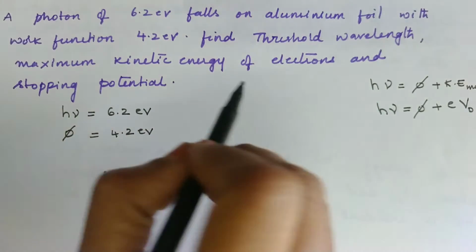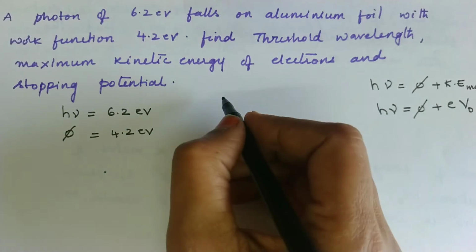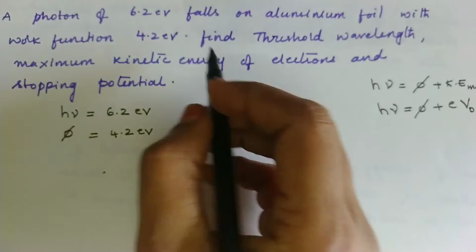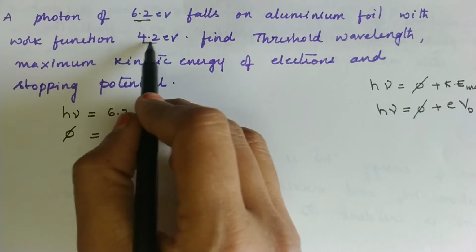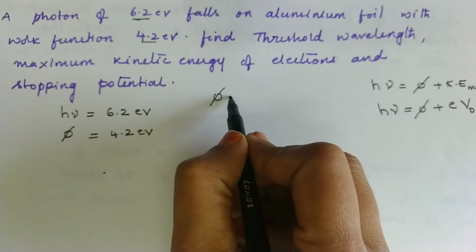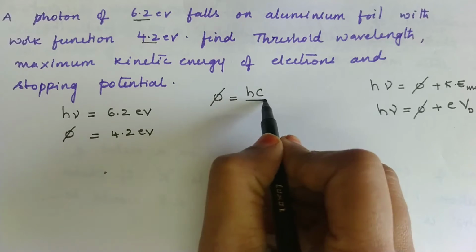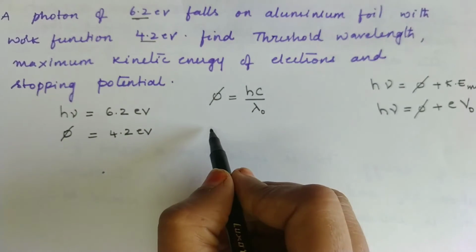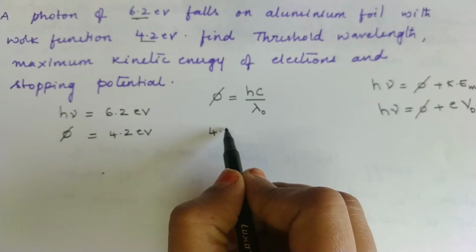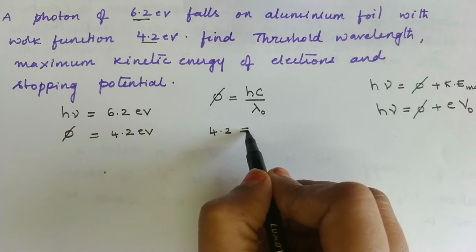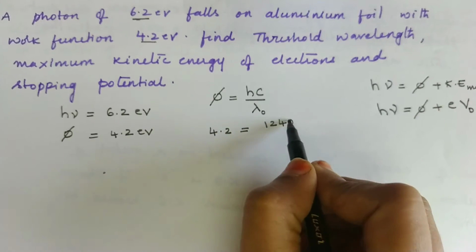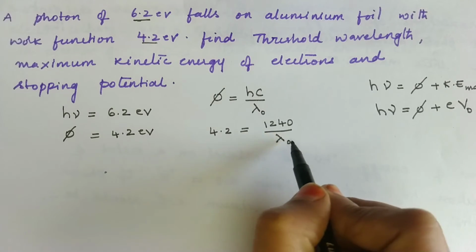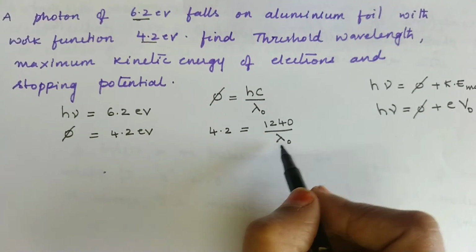They're asking you to find the threshold wavelength. How do we get the threshold wavelength? We know the work function phi is equal to hc by lambda naught, where lambda naught is the threshold wavelength. Even now, I'll make use of the same relation. 4.2 is equal to 1240 by lambda naught, where the answer comes in nanometer.